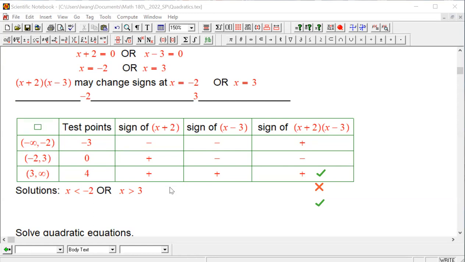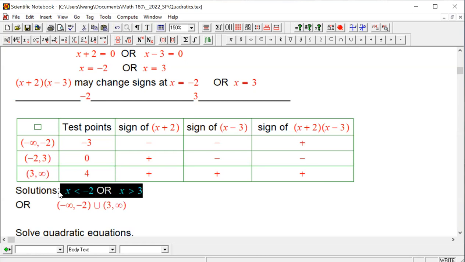Another way to express the solution would be to take these two intervals and union the next interval. But as I told you, I prefer the inequality solution. If I have you do the exercise, I will want you to write down the inequality solution.